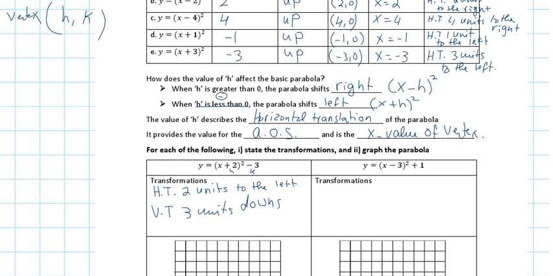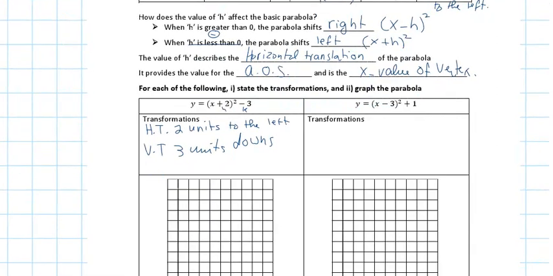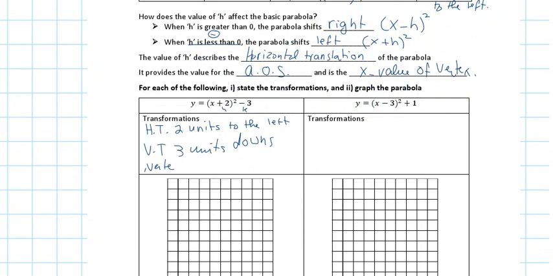What would be your vertex here? Opposite to what you see, it's going to be negative 2. What's the k value? Negative 3. So that's where my vertex is: negative 2, negative 3.